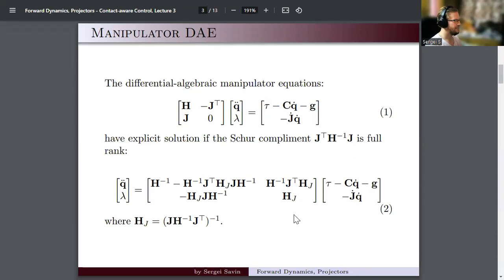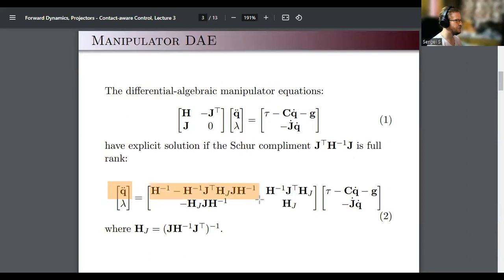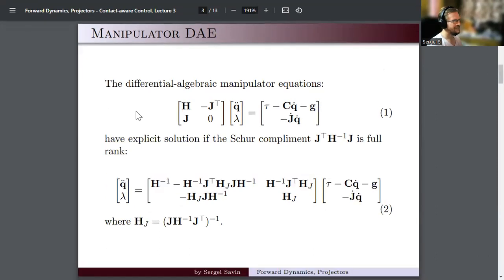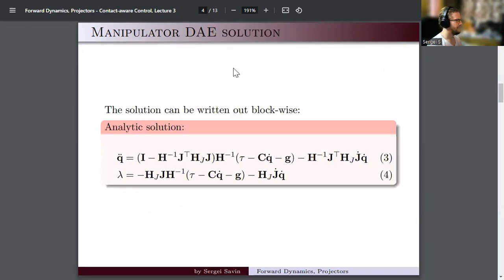Now, this is it. You would think, okay, this is forward kinematics. For sure, we know what forward kinematics is, right? Forward kinematics is just that to get this, you multiply this by this, and then this by this. That's forward kinematics. Okay, fair enough. Now, explicitly, this looks like this.